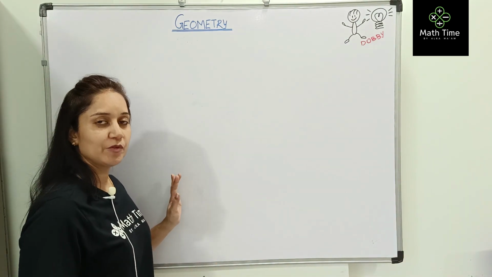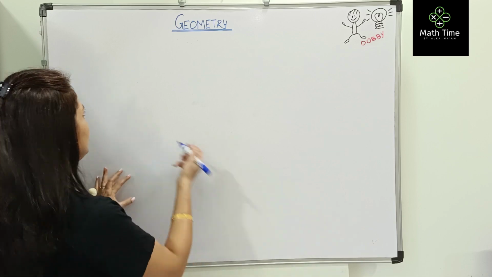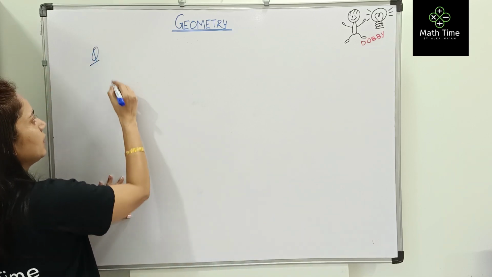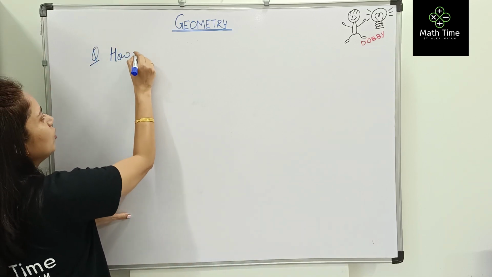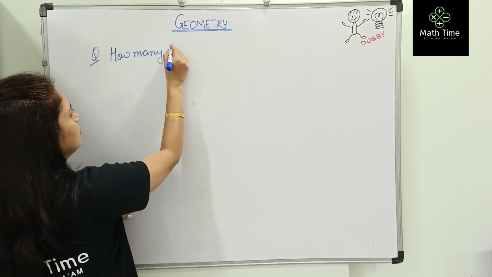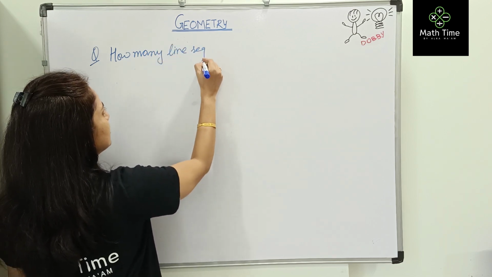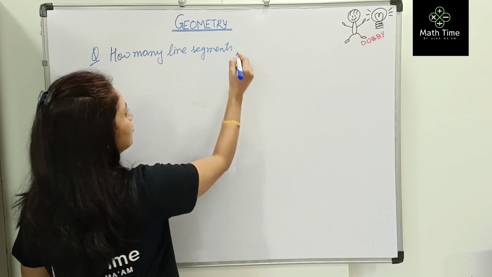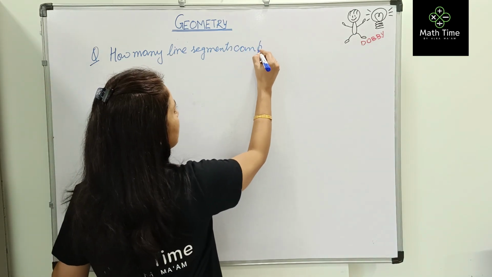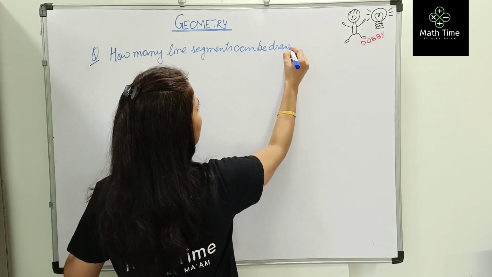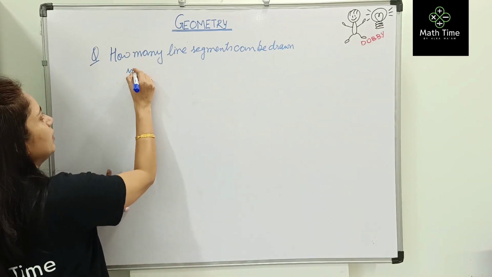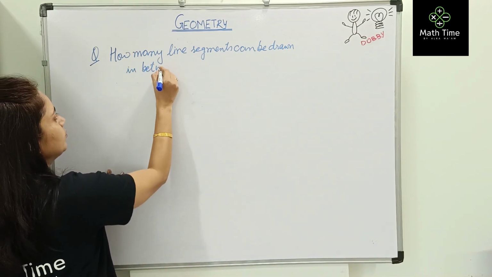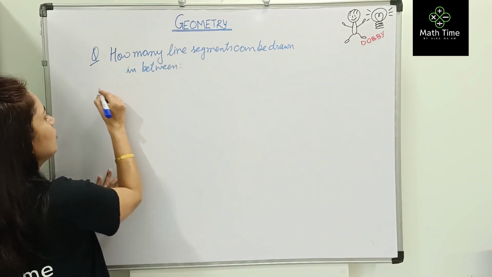Next, going further, the basic concept which we have studied till now, let us do one question based on that. The question is asking us, how many line segments can be drawn in between A part?